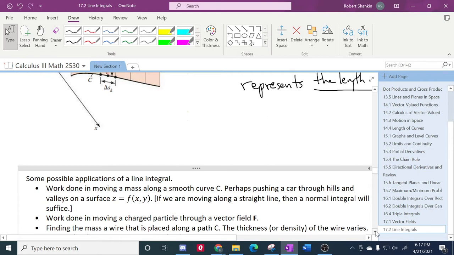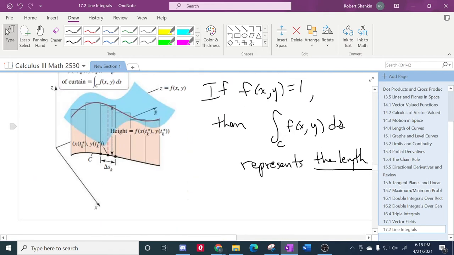Okay, another application. Find the mass of a wire that is placed along the path C. This could be a wire. The thickness or density of the wire varies. So maybe it's very thick, not so thick on this end, it gets thicker right here, that's why it's up higher. And then it gets thinner.